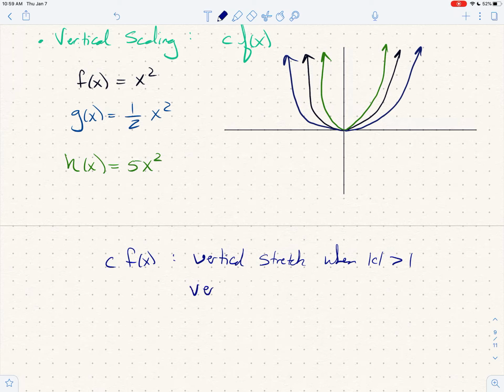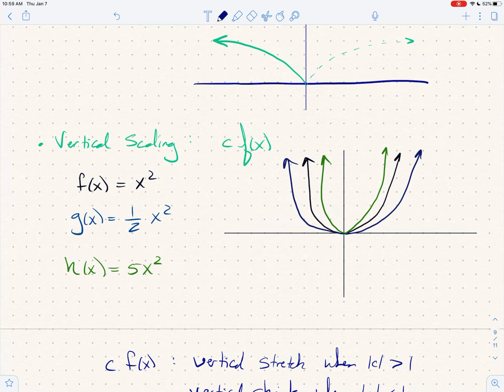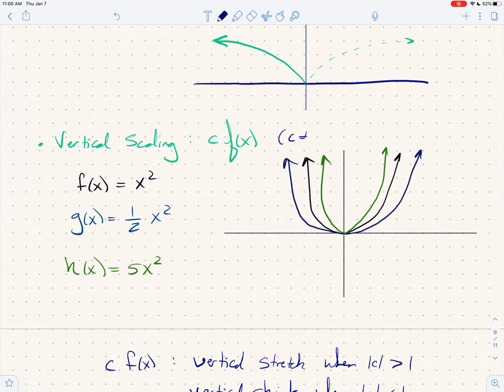And c f of x is a vertical shrink when the absolute value of c is less than 1. Of course, we don't want to consider the case when c is 0, because that completely wipes you out. So maybe we should actually add that up here to our little list. We should say c is not 0.